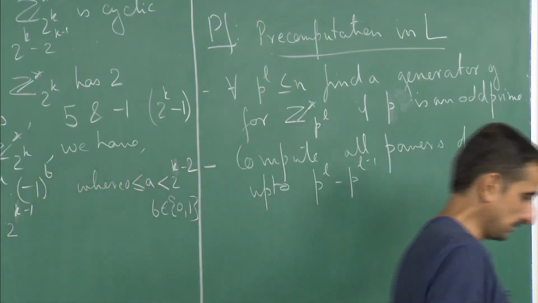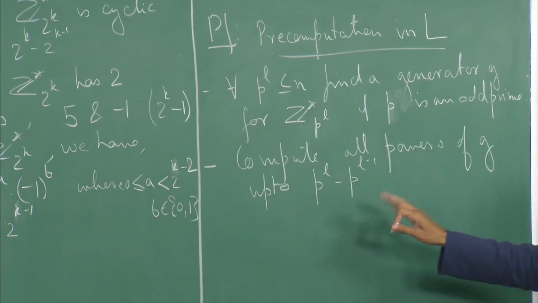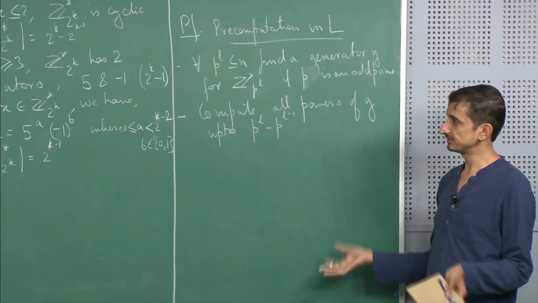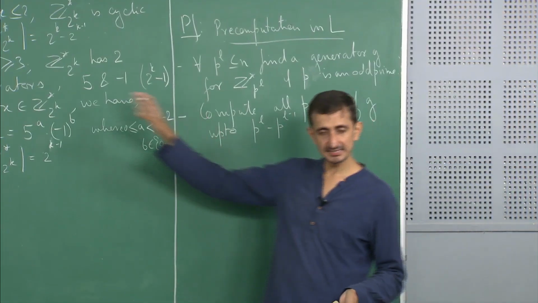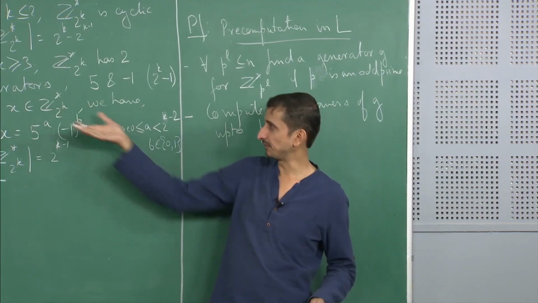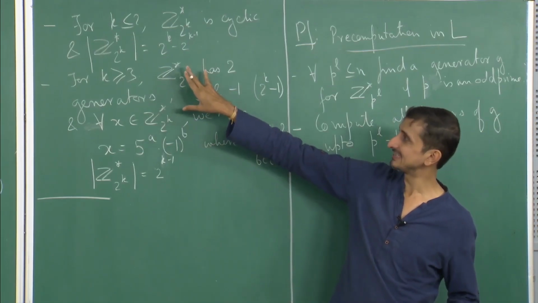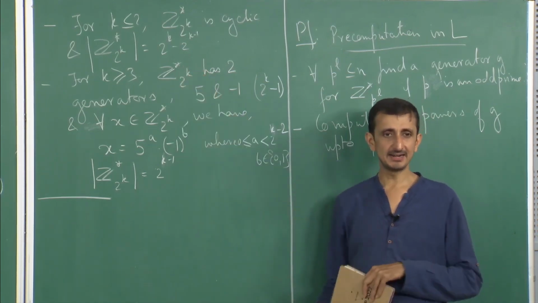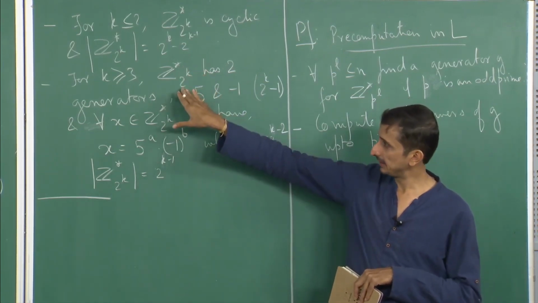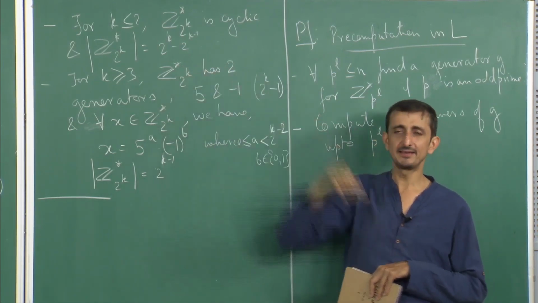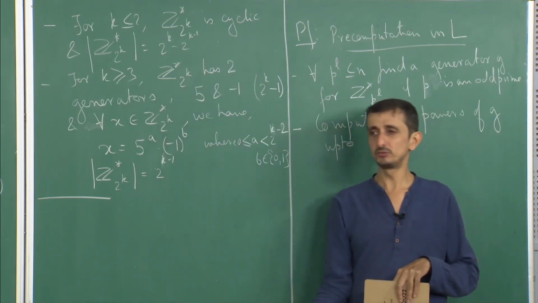For the rest of the proof, this proof will have two cases. Case 1 is when I have a single generator, that is when either p is an odd prime or p is equal to 2 and k is less than or equal to 2. The second case is when p is equal to 2 and k is greater than or equal to 3, in which case I have two generators.